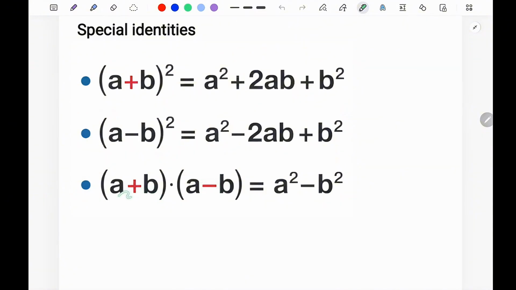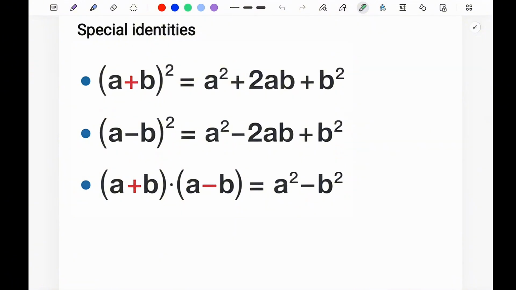So if the same terms have a sum and a difference, then it is equal to the difference of their squares: the square of the first term minus the square of the second term.